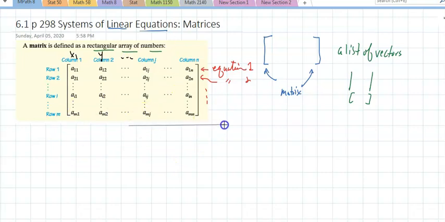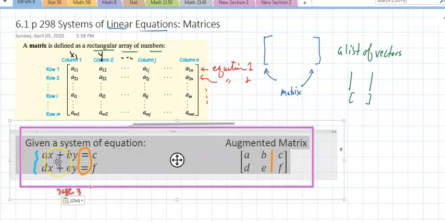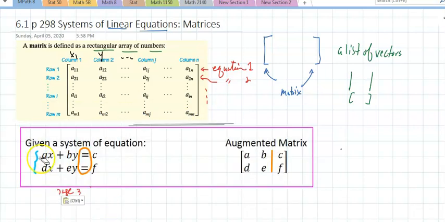Now, the first type of matrix that we deal with is called an augmented matrix. The way an augmented matrix works is as follows. We take a system of equations, and we take the first equation and copy it right there.